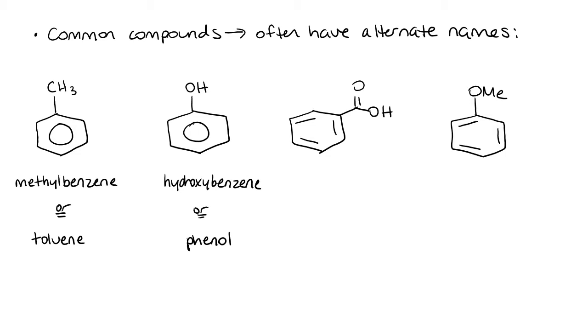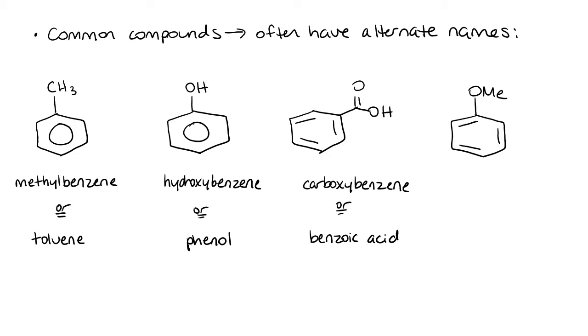Next, we have a benzene ring with a carboxylic acid attached to it. Now, this is known as carboxybenzene, and this is its proper name, or its common name is benzoic acid. And benzoic acid is very useful in synthesis.